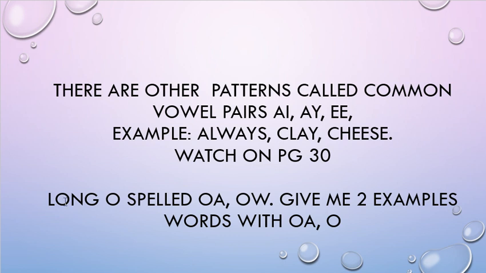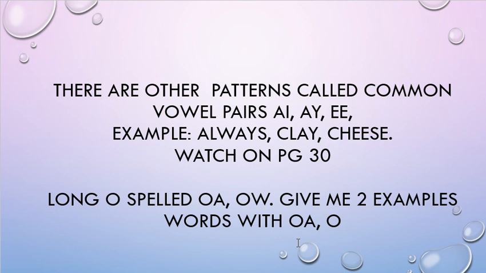Okay, now we have another pattern that is the long O spelled O-A, O-W. Give me two examples, words with these two patterns. Just to help you out a little bit, you can find some examples on page 31. Let's take, for example, some of them in the word bank. Let's take the first one.